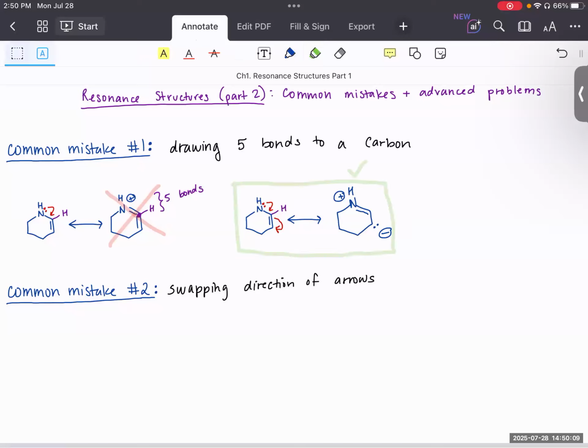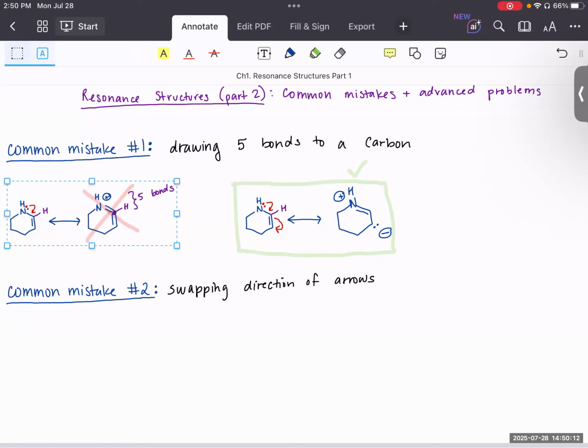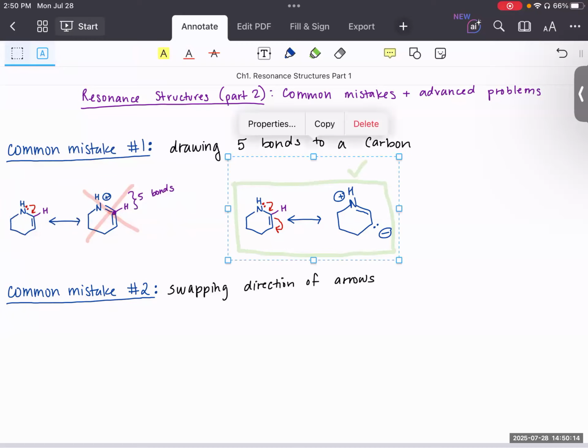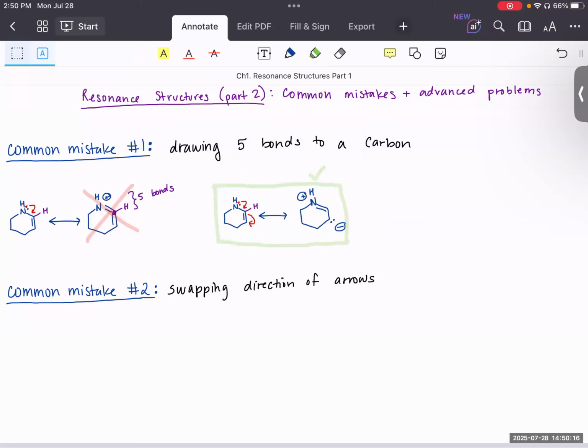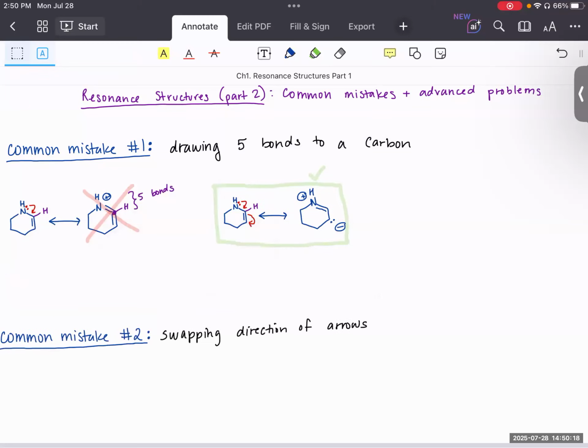The other type of error that I see related to this type of molecule that also involves going over the 4 potential bonds is something like this. Where we also start off with the same structure. I'm just going to copy it over again.